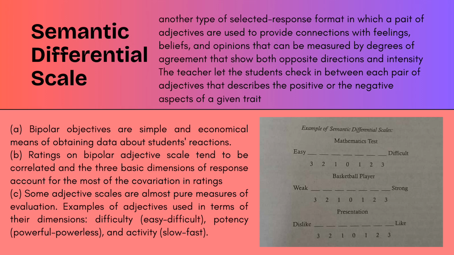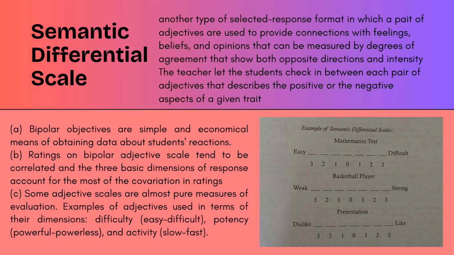Example, happy, sad, modern, traditional, and efficient, inefficient. Next, each pair of adjectives is separated by a continuum or scale with anchor points at each end representing the extremes of the trait, from very happy to very sad.